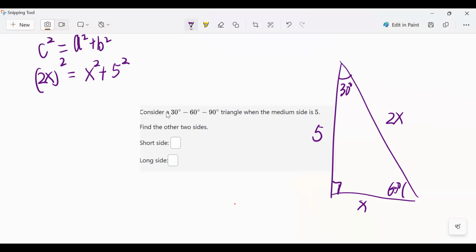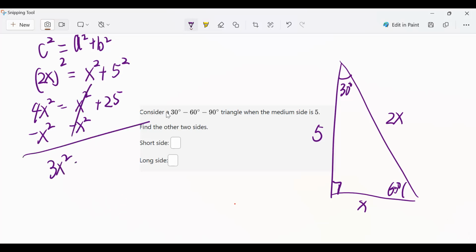So we get 4x squared equals x squared plus 25. Now we subtract x squared from both sides. We get 3x squared equals 25. Divide both sides by 3, and we get x squared equals 25 over 3.